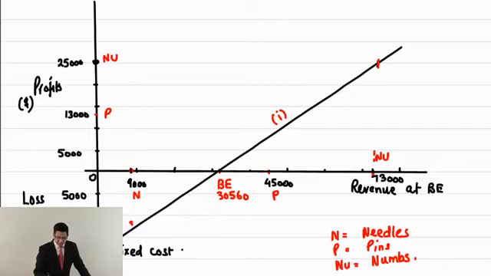Then these lines I can remove, and from the fixed cost I can start a point. Okay, if I show you with a different color, this tells me product N. Because N was a very small product, it has a very small line.